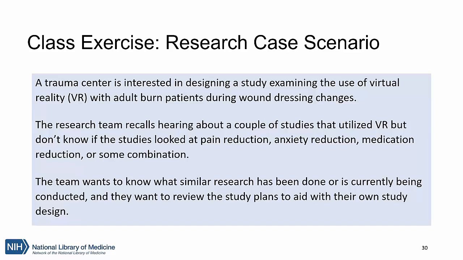We have just a few minutes left, but if you're following along and you'd like to do this, we'd like to hear what your experience was, if you were able to come up with any information. So you could take a minute to search in ClinicalTrials.gov and see what you can find. If you're still searching with that exercise, that's fine. You can take your time.